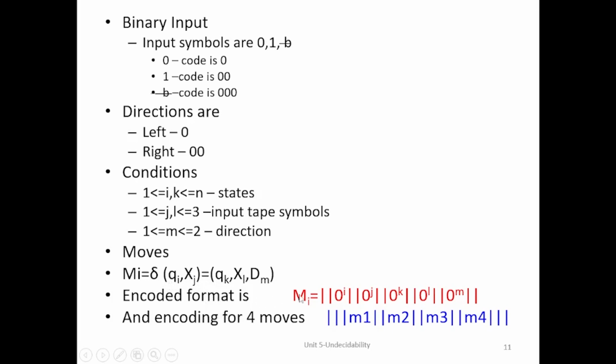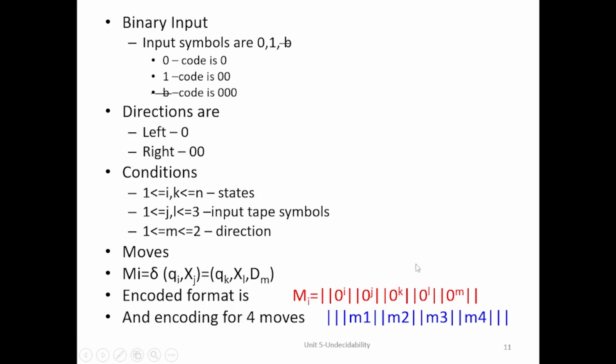If you consider tilde of Qi, Xj equal to Qk, Xl and Dm, it should be written in an encoded form, namely M suffix I. Here I represents either the first transition function or the second transition function like that. So if a Turing machine contains 4 transition functions, then 4 encoded forms should be written: M1, M2, M3, M4 like that.